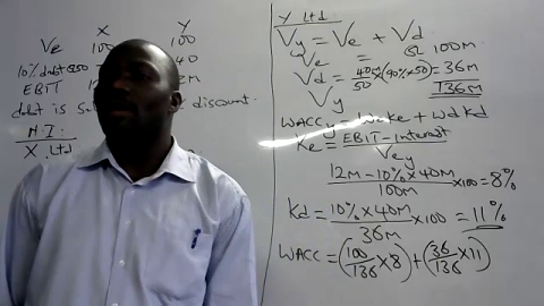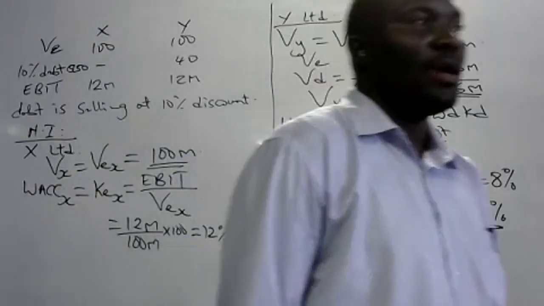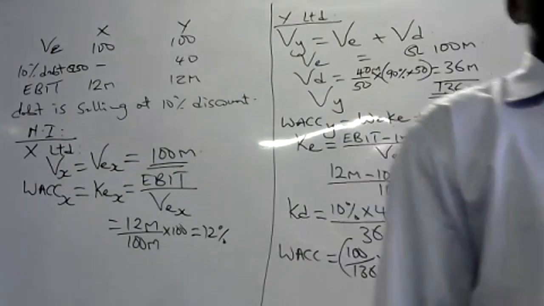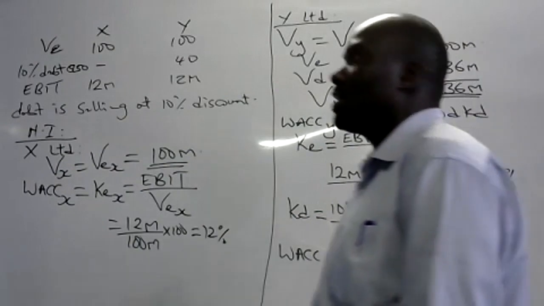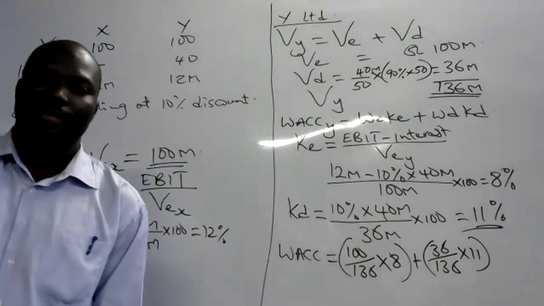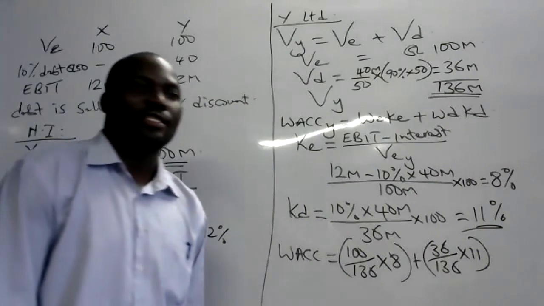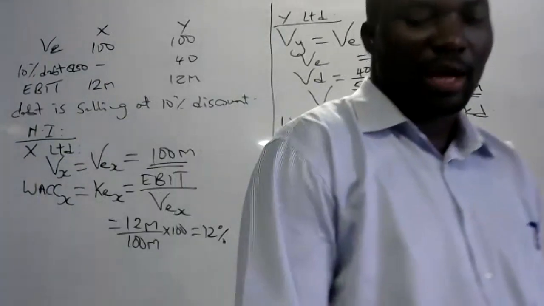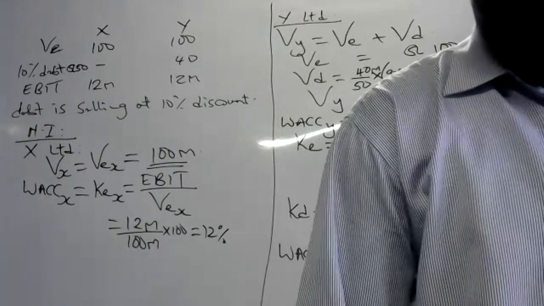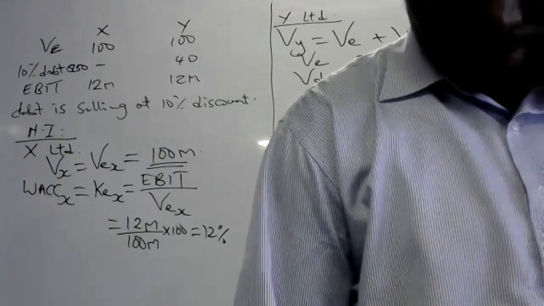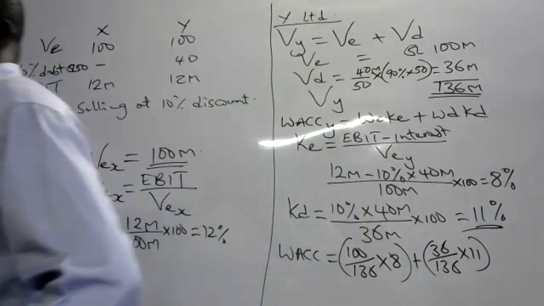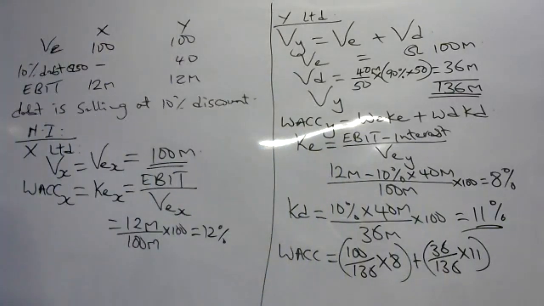Modigliani and Miller argued that in the absence of taxes, capital structure will not affect the value or WACC of a firm.